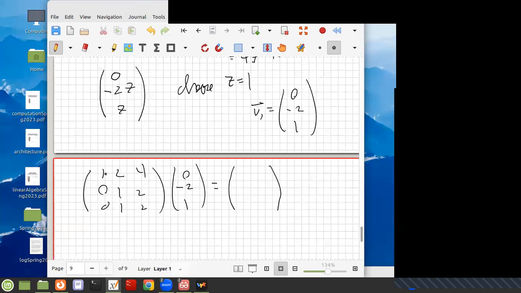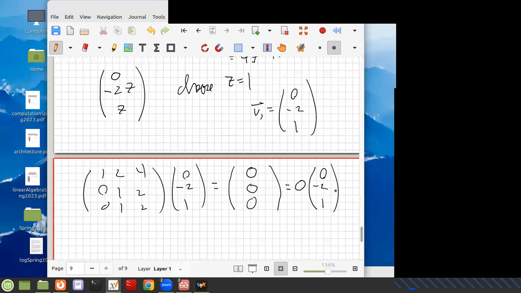We end up with 1 times 0, 0. 2 times minus 2 is minus 4. 4 times 1 is 4, we get 0, right? This is going to be 0 times 0 plus 1 times minus 2 plus 2 is 0, and 0 times 0 minus 2 plus 2 is 0, which equals 0 times 0, minus 2, 1.